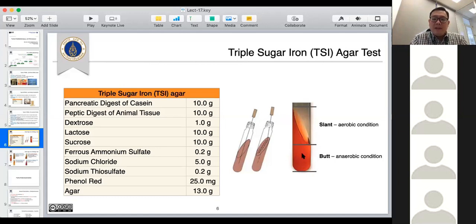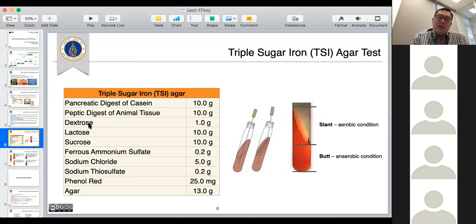But if you stab inside the agar, they generate anaerobic condition. So the slant and the butt have two conditions of growth. This triple sugar means they put dextrose. Dextrose is a glucose polymer.